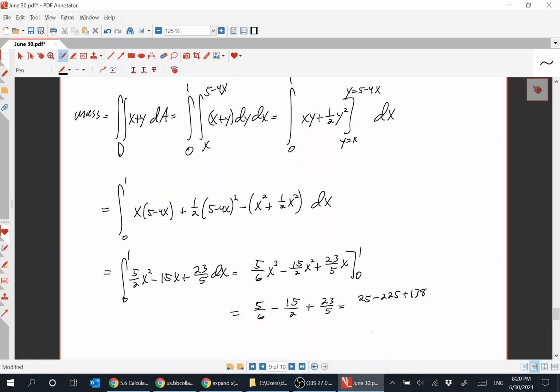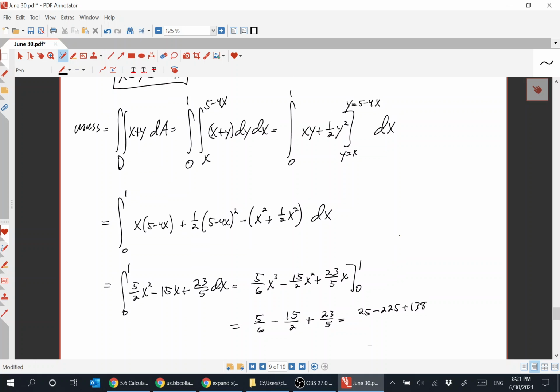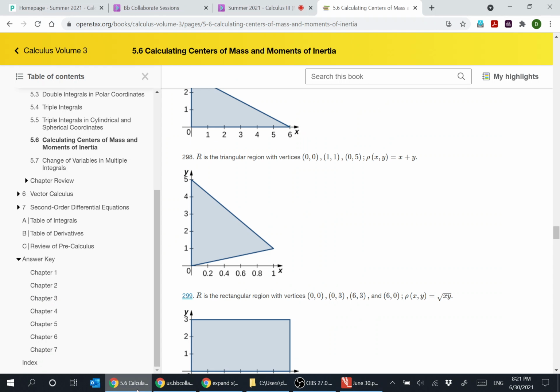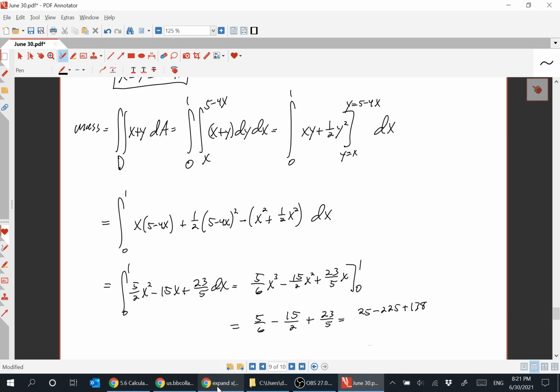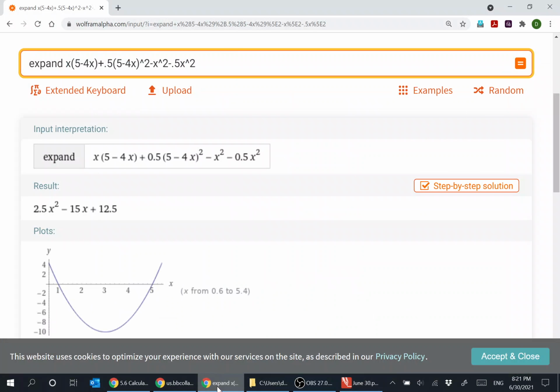What's going on here? Minus a half x squared x times 5 minus 4x plus 1 half 5 minus 4x squared minus x squared plus a half, so it's 3 halves x squared.